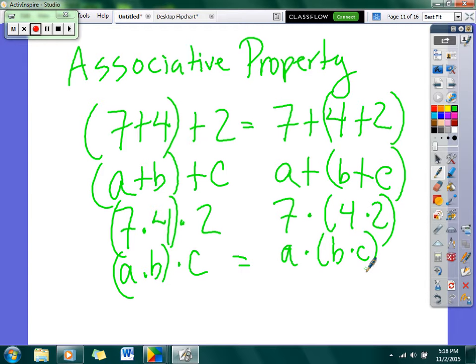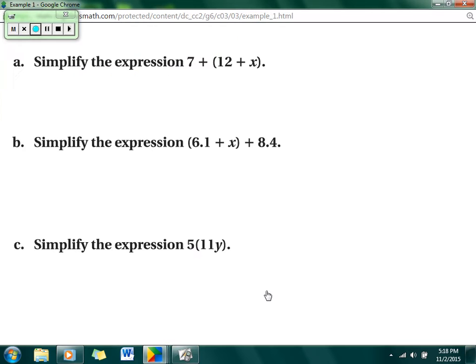Let's look at example number 1. Okay, so if I look at example number 1, it wants me to simplify the expression using the different properties. So the first thing is, to simplify this, I need to get the 7 and the 12 together. So one way I can get the 7 and the 12 together is by moving my parentheses.